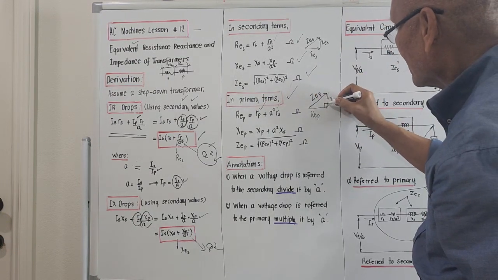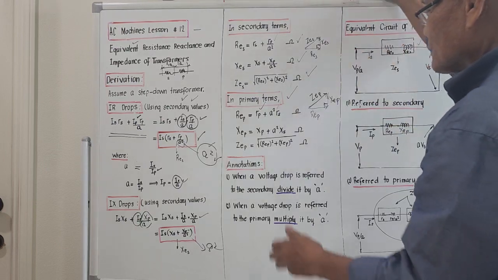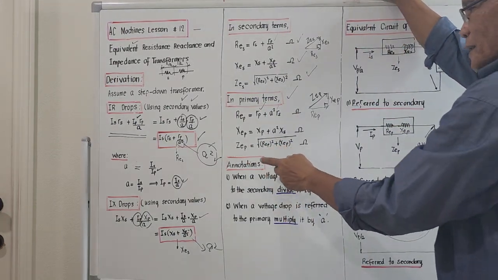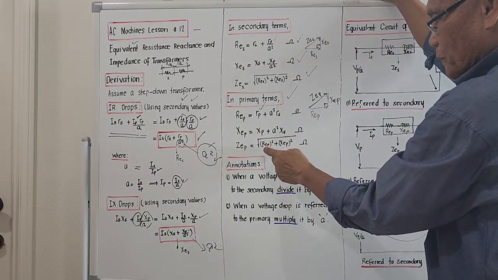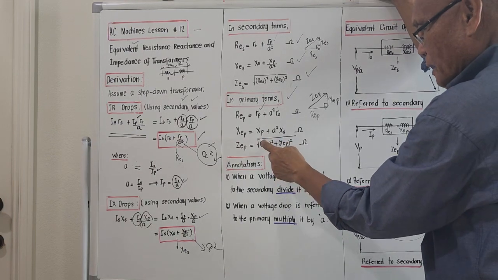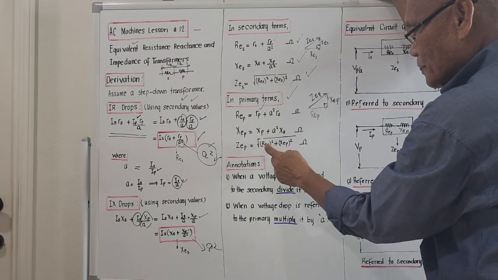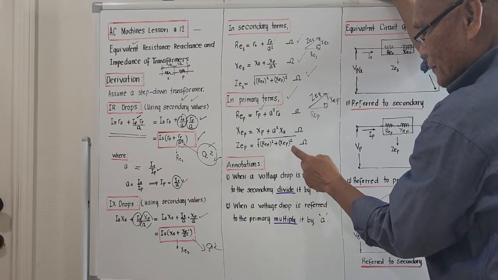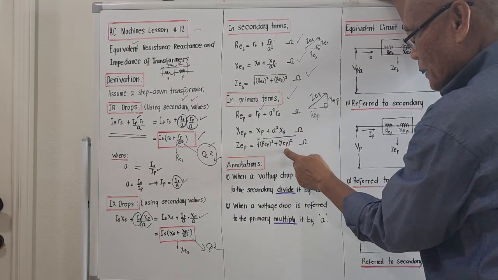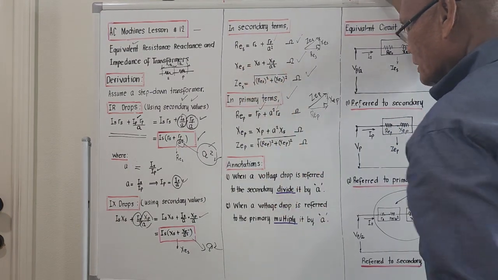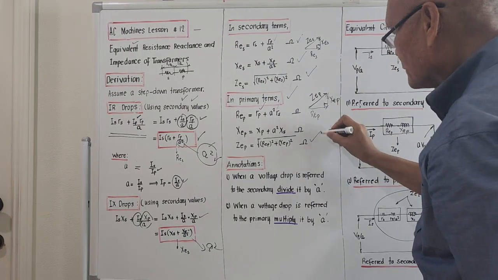It's a right triangle. So the second equation is the square root of the equivalent resistance referred to the primary squared plus the equivalent reactance referred to the primary squared, then take the square root. The unit is still ohms.